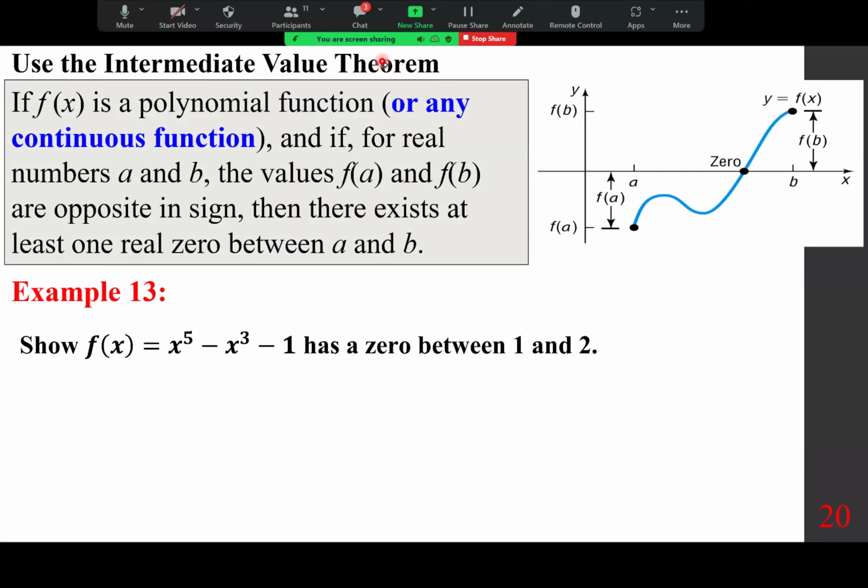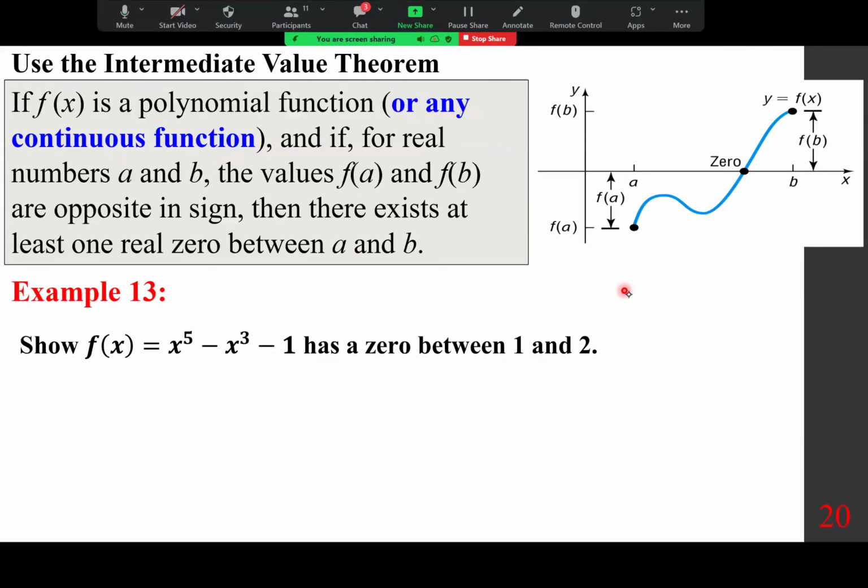Use IVT, intermediate value theorem. If f of x is a polynomial function or any continuous function, and if for real numbers a and b, the values f of a and f of b are opposite in sign, then there exists at least one real zero between a and b. I want to make sure we understand the concept. So we have a continuous function.